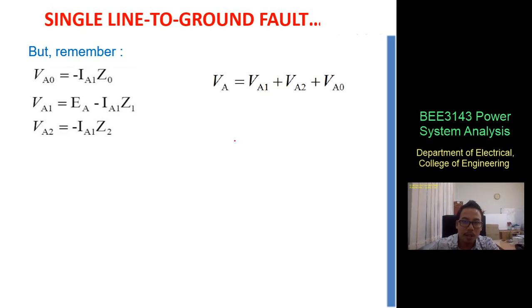We know that the phase voltage for A is equal to the positive sequence plus the negative sequence plus the zero sequence. Substituting the values, it equals EA minus IA1 Z1 minus IA1 Z2 minus IA1 Z0.